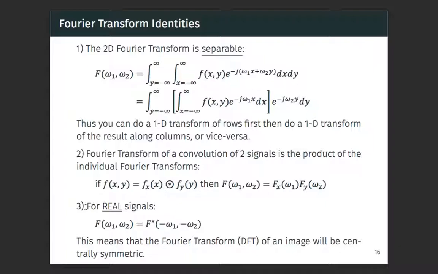The last point is that for real signals, you have some symmetry going on, and this is the exact expression of that symmetry. If you have a particular frequency in x and y, then the frequency in minus x and minus y is the complex conjugate of that number.